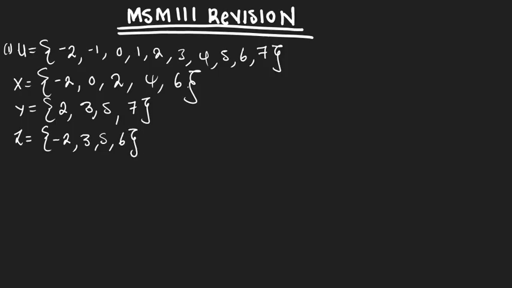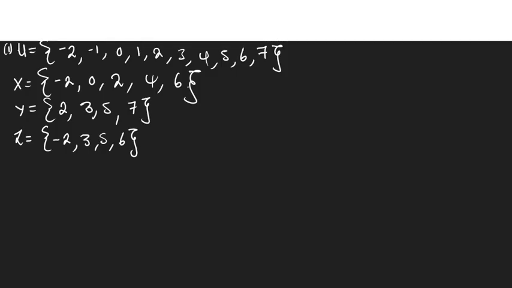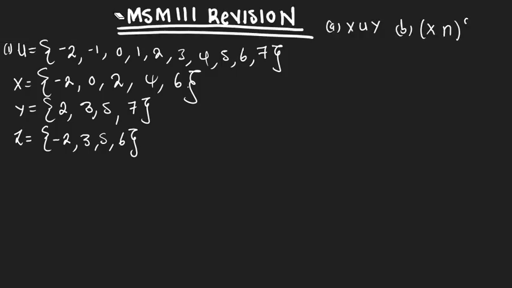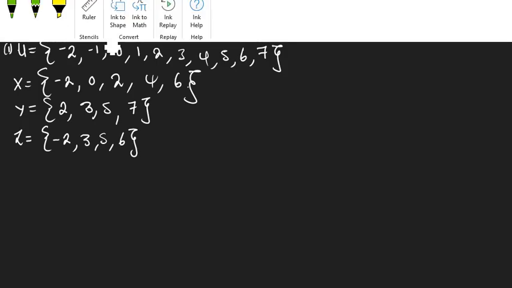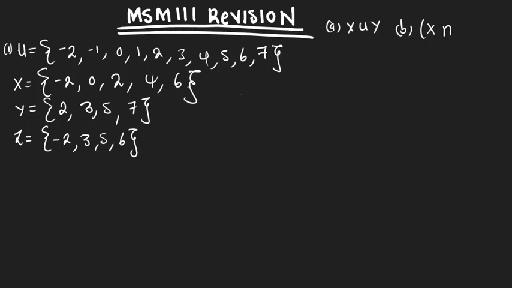The first operation we're given is to find X union Y. B was to find X intersection Y complement.